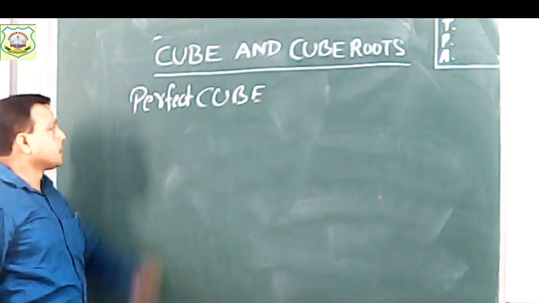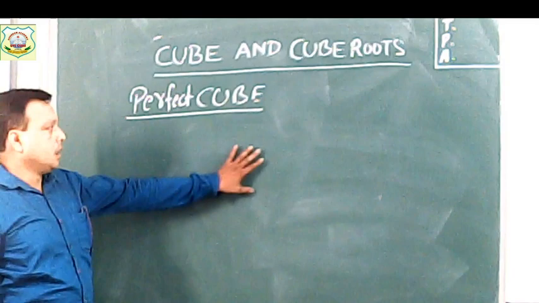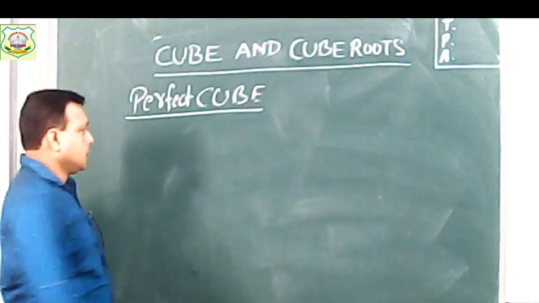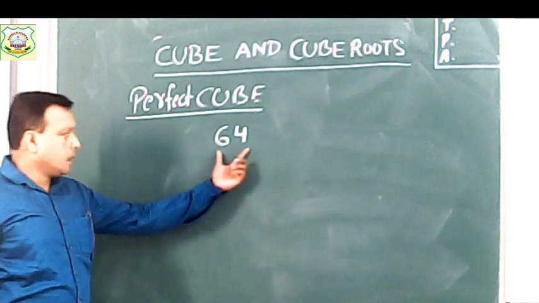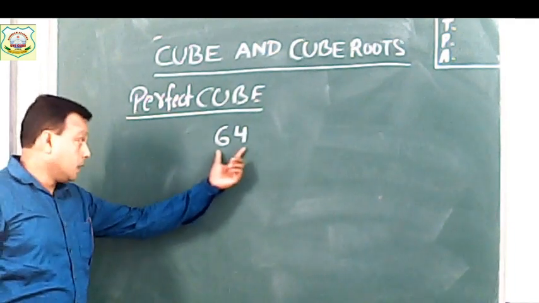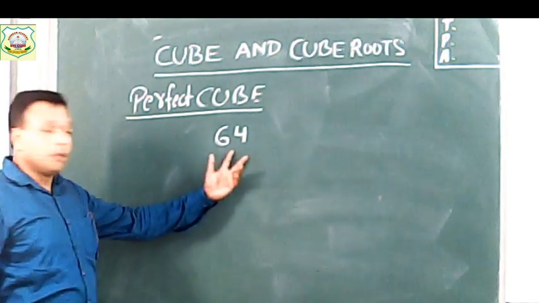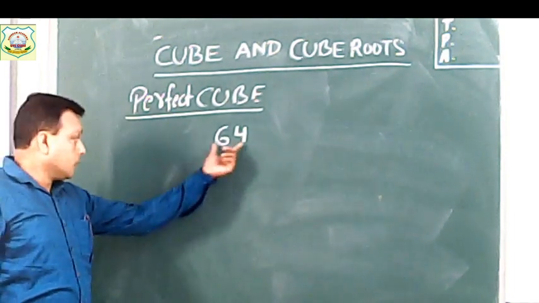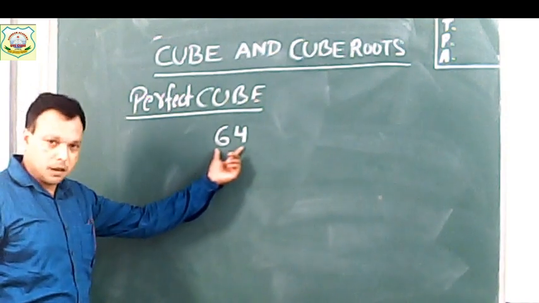Suppose we take example here, 64. How can we describe this one? 64 is a perfect cube. First of all, we will find the factors by using the prime factorization method.